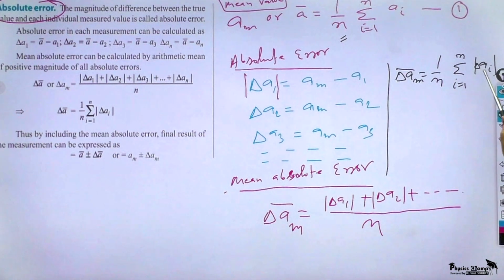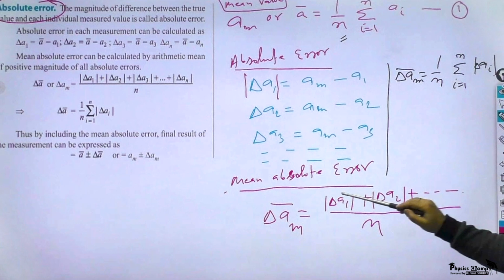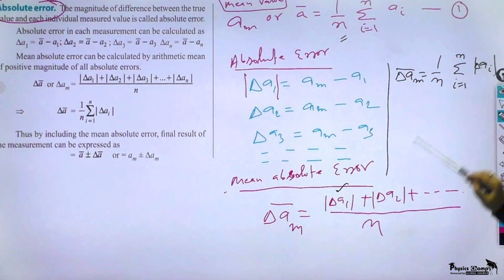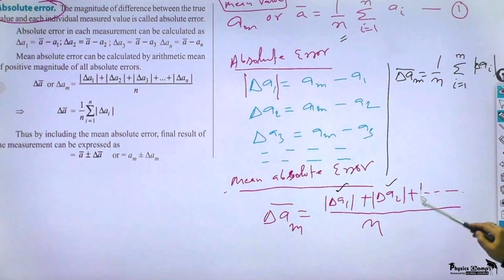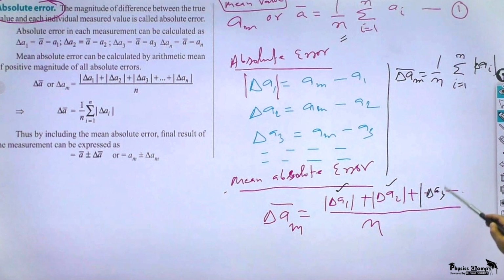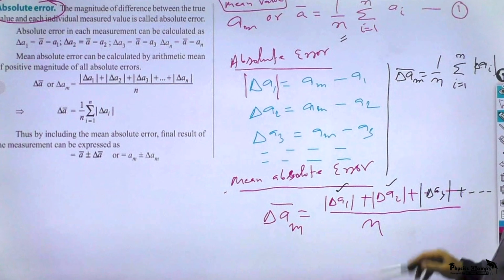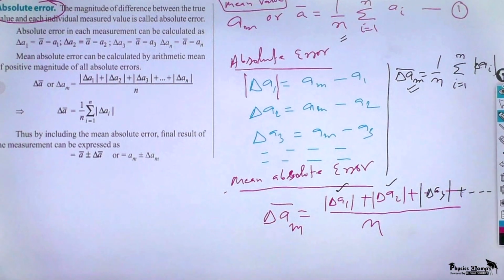It can be the absolute value of delta A1 plus the absolute value of delta A2 plus the absolute value of delta A3, and the mean of all these absolute errors will give you the mean absolute error.